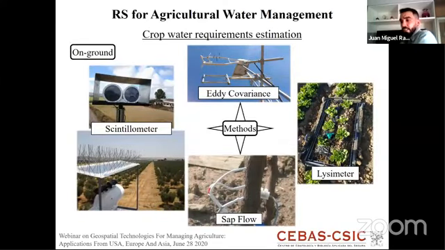There exist several methods for determining crop evapotranspiration on ground. Among the most worldwide used, we find the lysimeters, which are devices that directly measure the evapotranspiration of a crop that is confined within containers. A lysimeter can be classified as a drainage or weighing lysimeter.